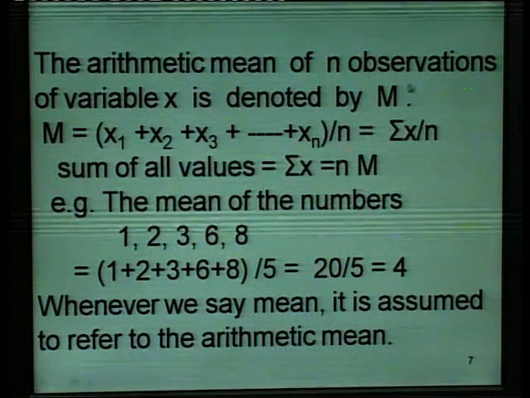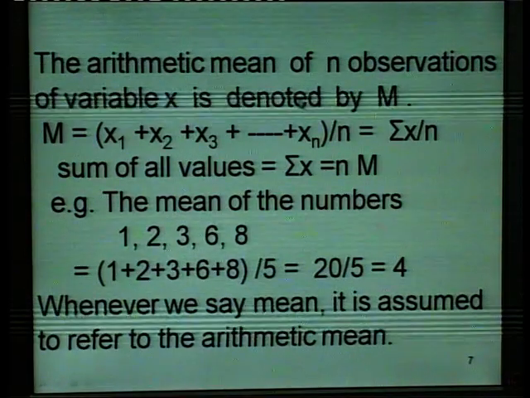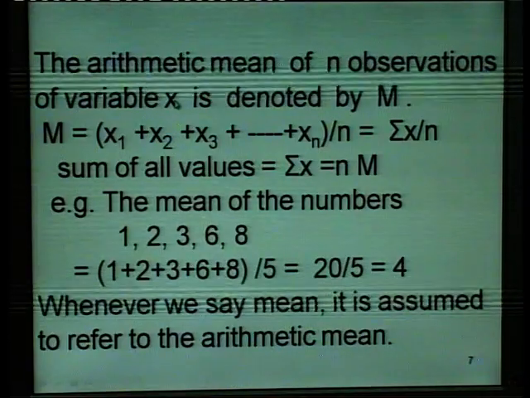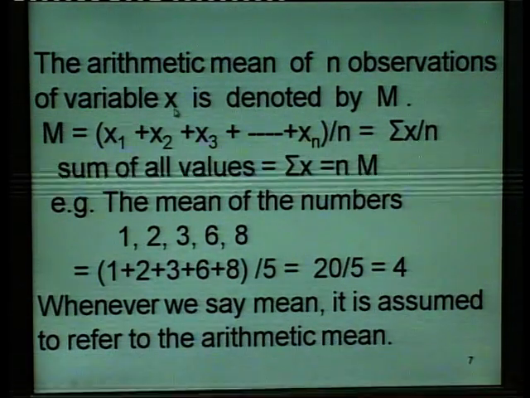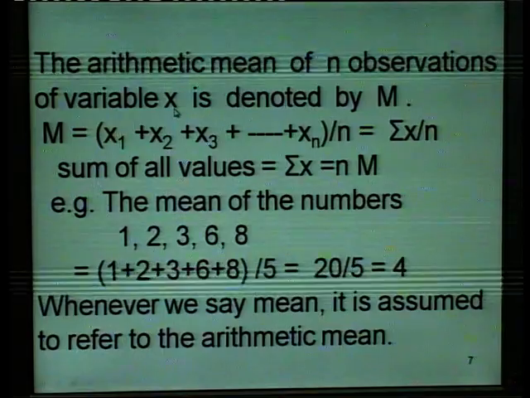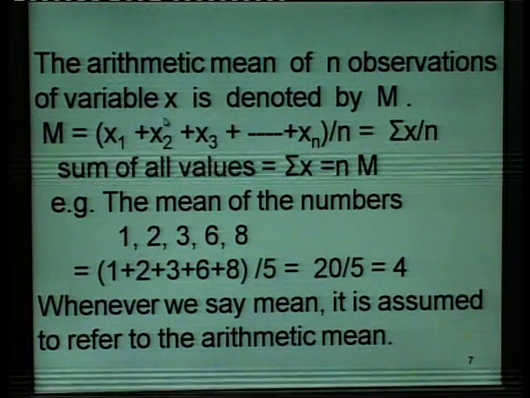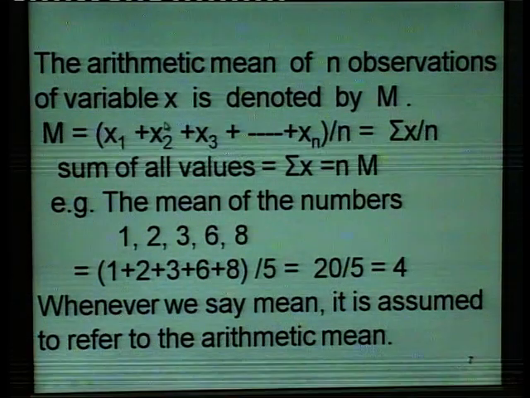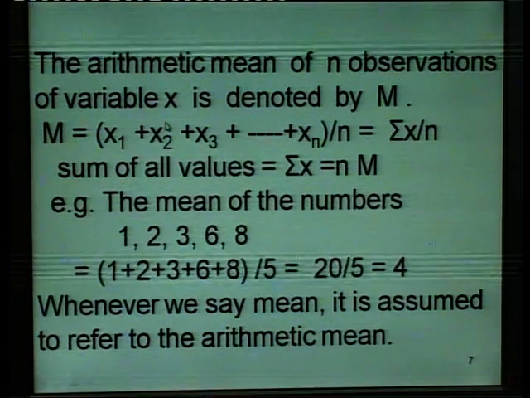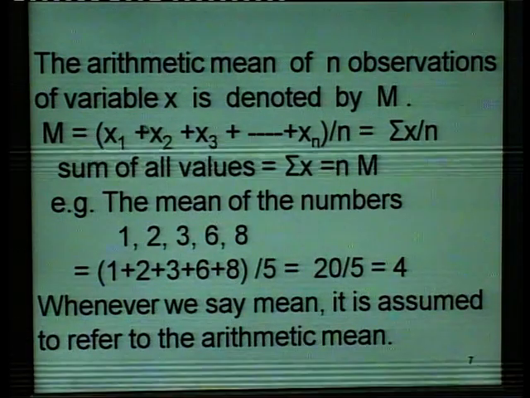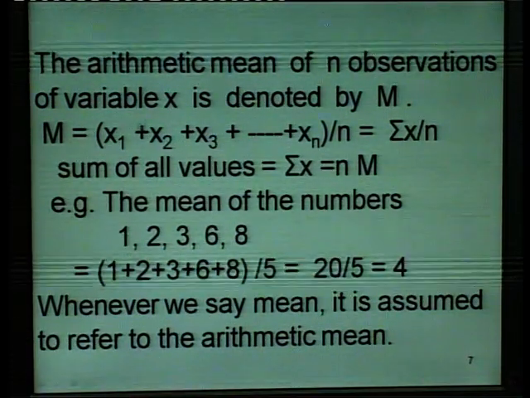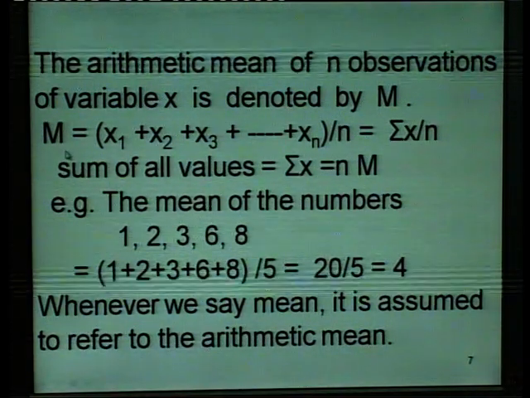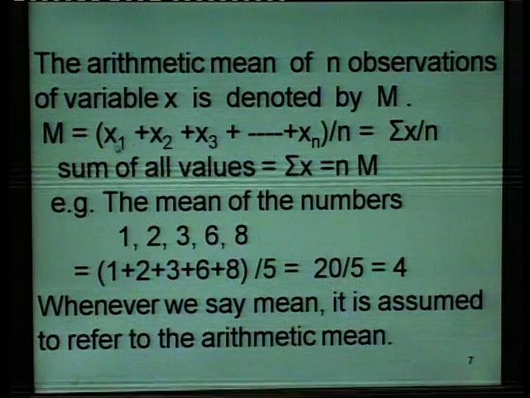The arithmetic mean, if there are n observations, of variable x. Variable x depends upon the data given, whether the data is of number of children, height of children, marks obtained by children, or wages, whatever form. Then this is the variable. Then we denote the mean by M. Arithmetic mean is equal to the sum of all values.